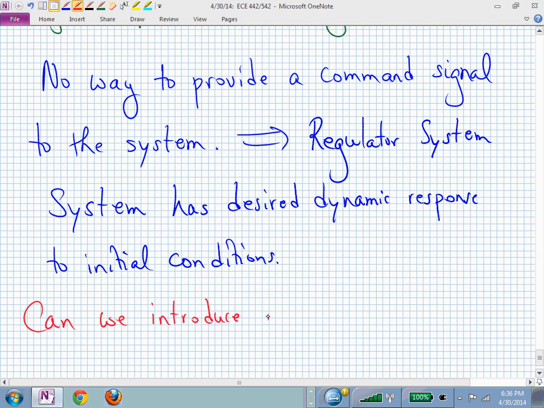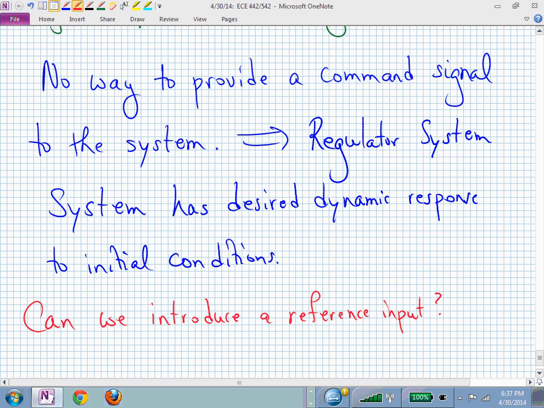Can we introduce a command signal or a reference input? What do you think? Get out your coin. No, don't even get a coin out. I wouldn't ask this question if I didn't have the correct answer or a reasonable answer. Yes, we can introduce a reference input or a command signal.